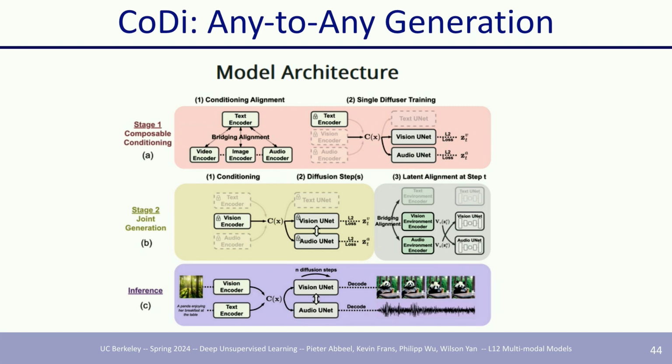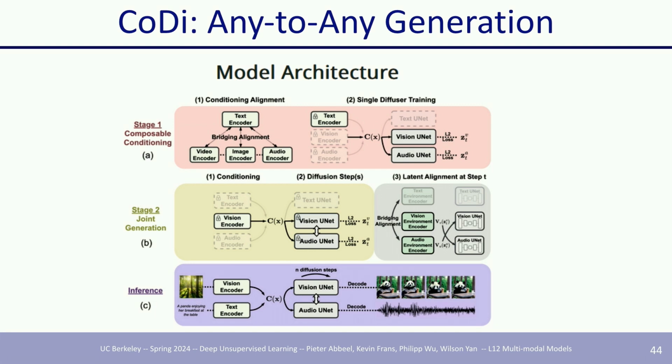And then stage 1, part 2 is they train individual generation models. So they train a vision model conditioned on text, an audio model conditioned on text, and so on. Then stage 2 gets a little bit more complicated, because the goal is to be able to condition on not just text, but also audio or video.